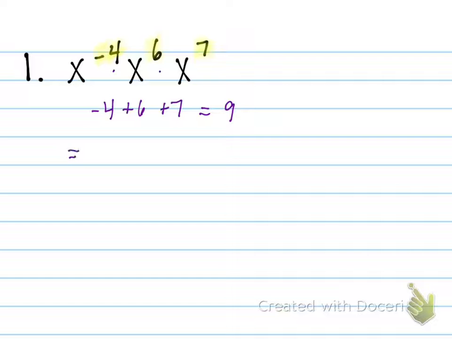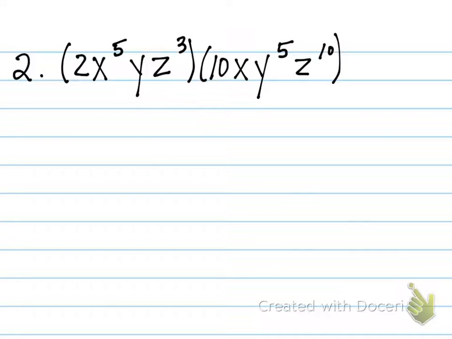So your final answer would just be x to the 9th power. So remember, when they're just multiplied together, you're not raising a power to a power. You just add the exponents. So x to the 9th.